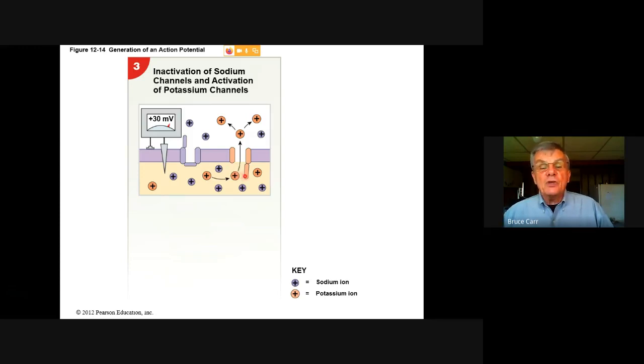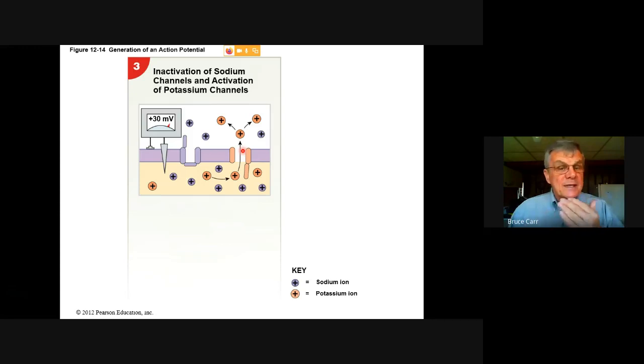Now, potassium is very concentrated in the cell, which is now positive in its charge. So if you open a gate, the electrical effect is to push potassium out. Also, it's very concentrated in the cell and very dilute outside the cell, so the physical force of diffusion is to push potassium out. So at plus 30, you would have depolarized from minus 60 all the way to plus 30.